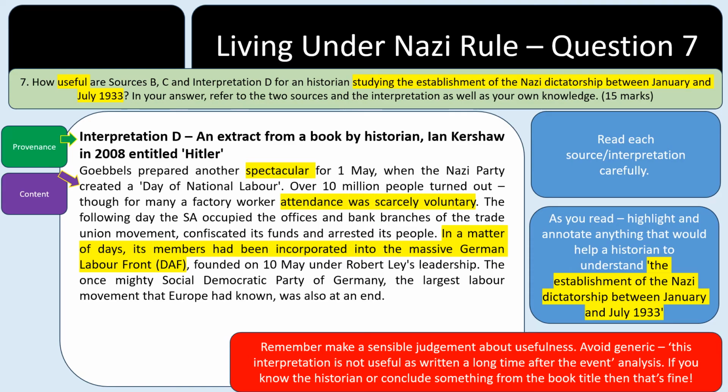It might be worth recognising that Ian Kershaw is a highly respected historian of Nazi Germany. Similarly, it might be worth stressing that his book is entitled Hitler, and therefore he may be focused more on Hitler's power and leadership, and that might make him focus on that angle in his interpretation. We'll look at that in the example answer.